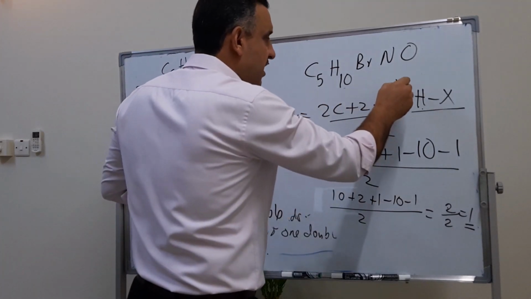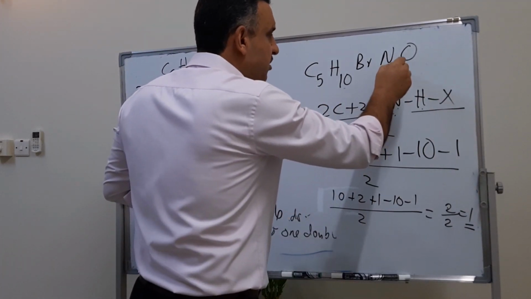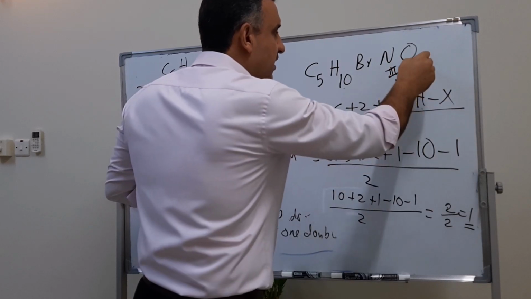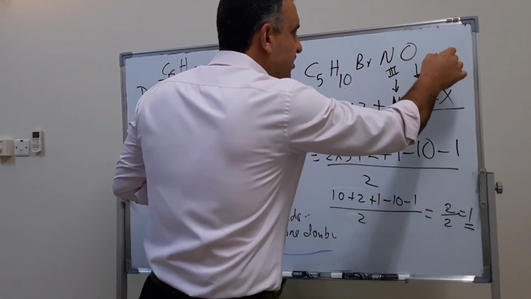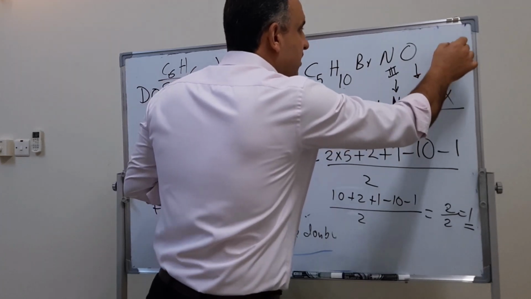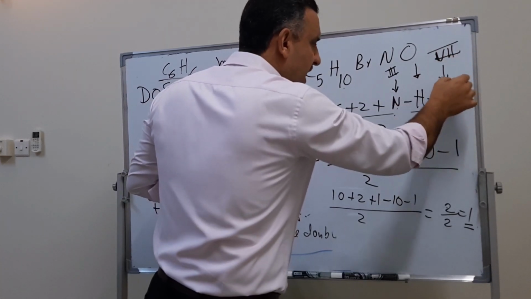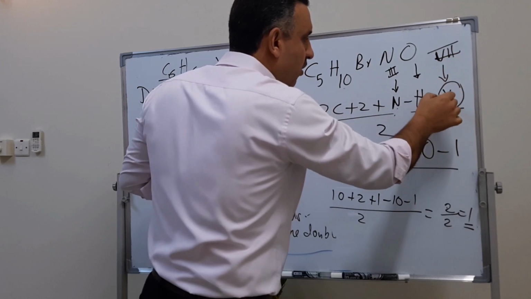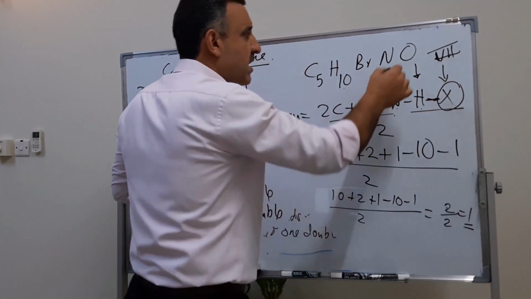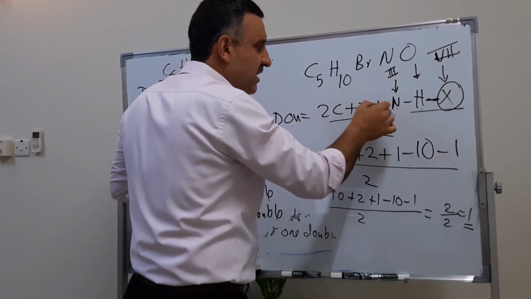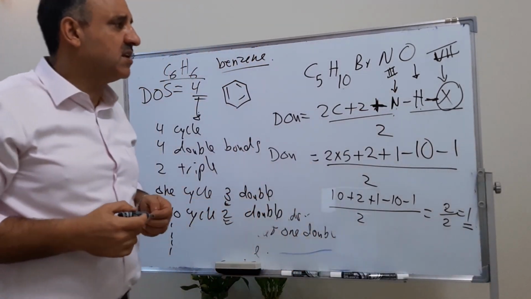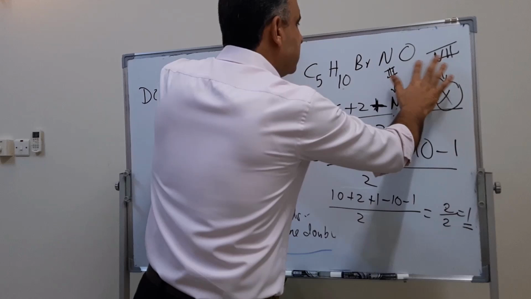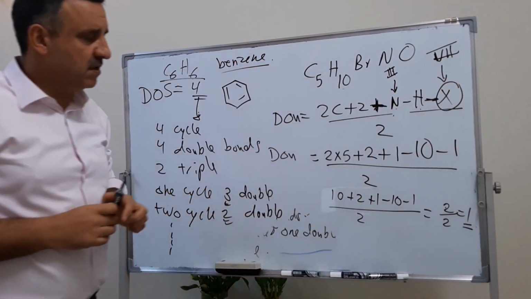Nitrogen is a representation of group number 3, hydrogen is hydrogen, of course, and halogen is a representation of group number 7. Whenever you have a halogen, we always subtract it from the formula. Any nitrogen, we always add it, and any oxygen, we do not represent it.